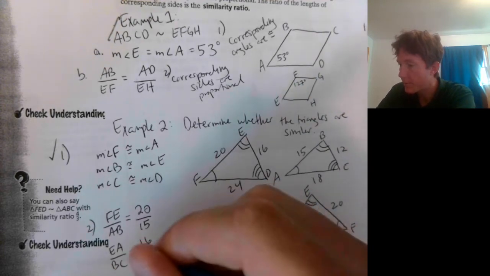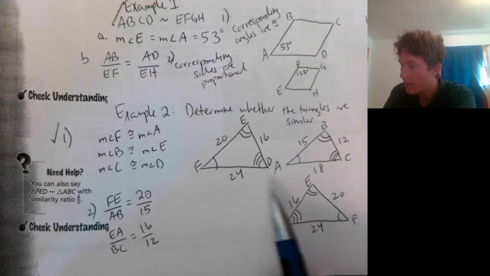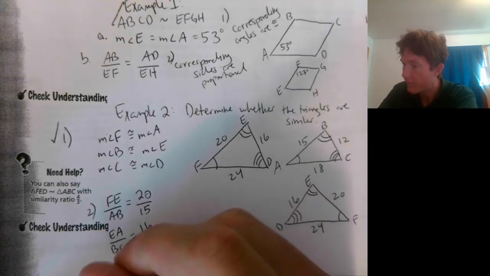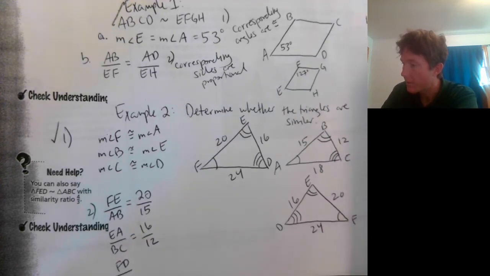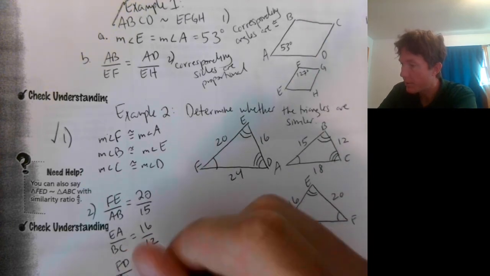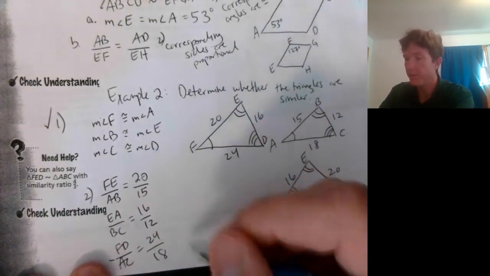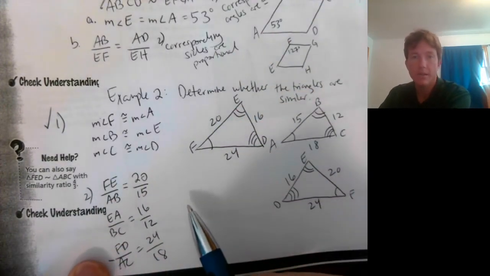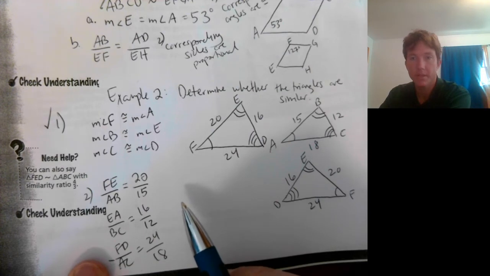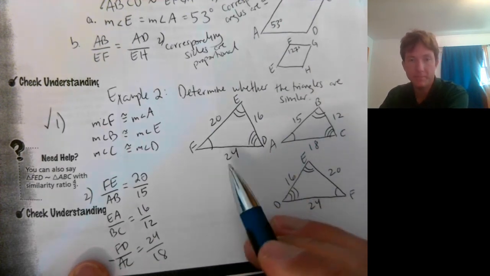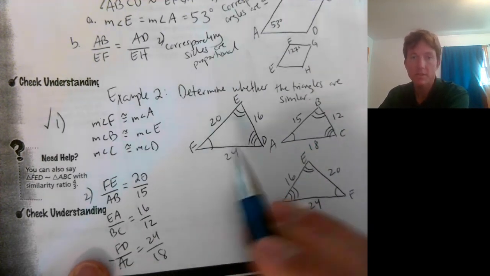That's 16 over 12. And then FD over AC. That's 24 over 18. Now, if all of these reduce to the same thing, then all the sides are proportional. Well, let's reduce it first.